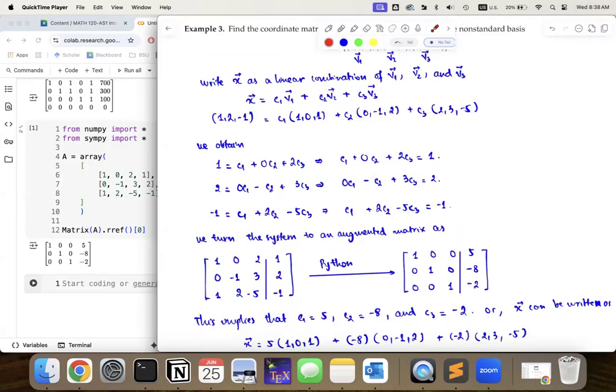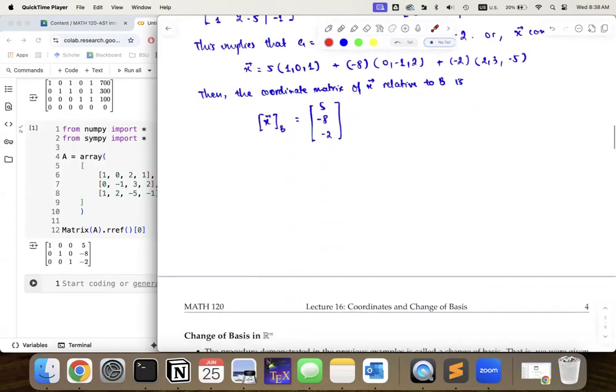Another way to look at this is that you can turn the system into the following form. You have the coefficient matrix multiplied with all the values of the c's, equal to the right-hand side. The coefficient matrix takes the values in front of the c's: you have 1C1, 0C2, 2C3, so that is 1, 0, 2. Then you have 0, -1, 3, and then 1, 2, -5.